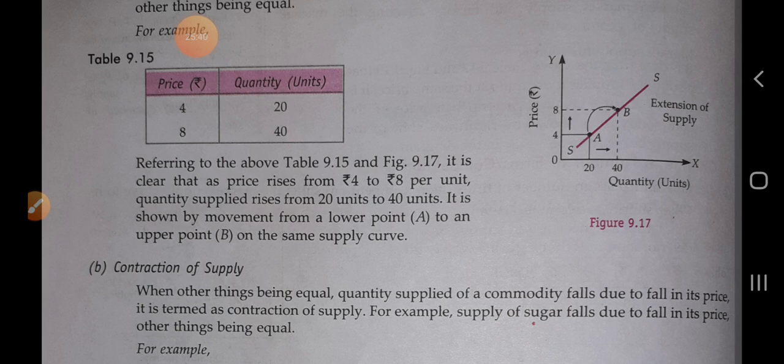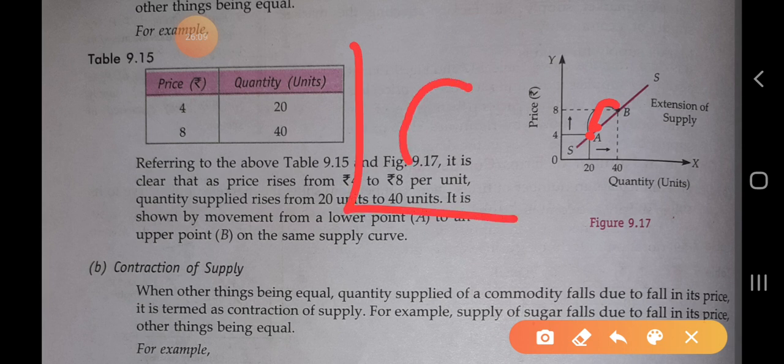And the change in quantity supplied means there is a movement along the same supply curve. The supply curve will not shift to the leftward or the rightward. So in this diagram we will see the first point A, and when there is extension, it will shift to B. It shows that there is extension of supply.